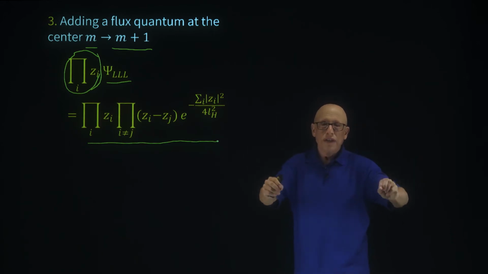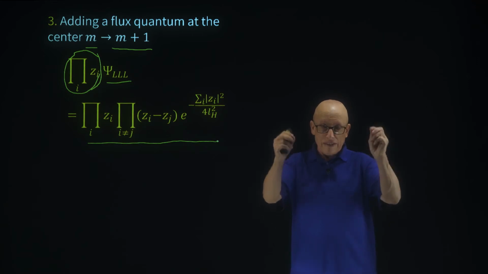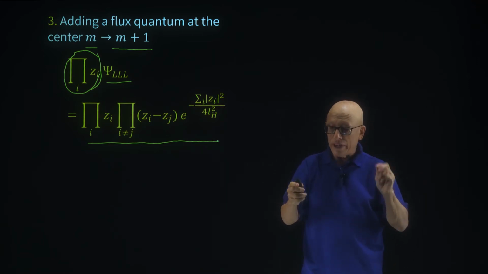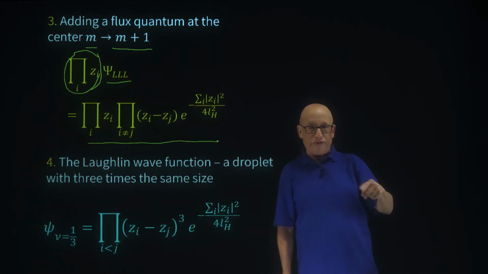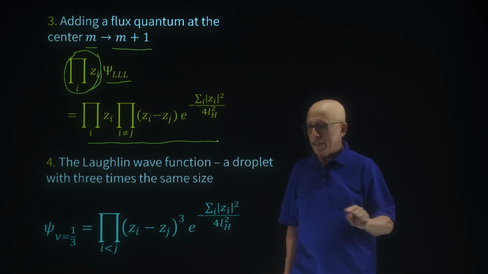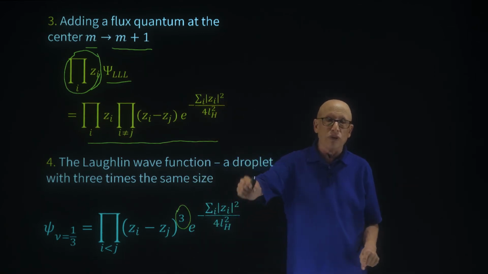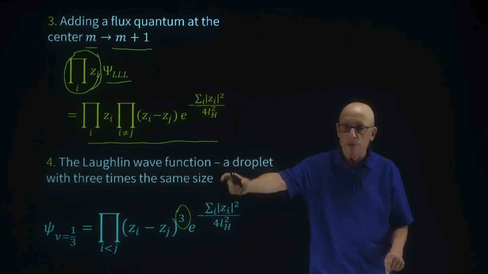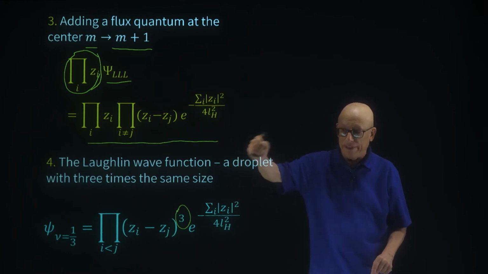And now let's shift to nu equals 1/3, and let's look at Laughlin's trial wave function for nu equals 1/3. So here it is. It is only 1 digit of difference from the nu equals 1 wave function that we looked at. And this is this digit. Instead of Zi minus Zj to a first power, we have for each pair of electrons Zi minus Zj to a power of 3.